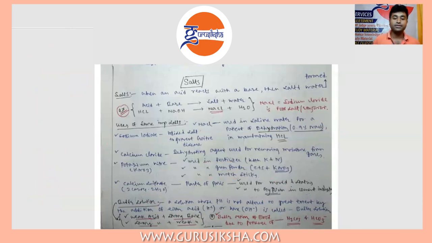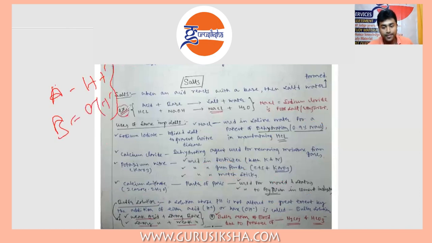So that's why it's defined as pH is not altered to a great extent by the addition of either acid or base. Acid means H plus and base means OH minus. Okay, so this is called a buffer solution.